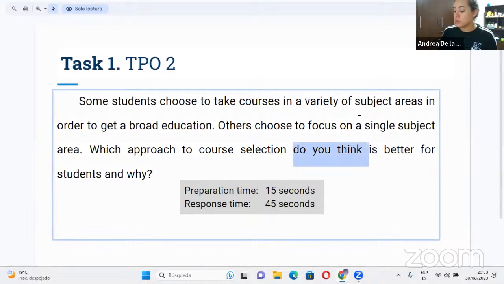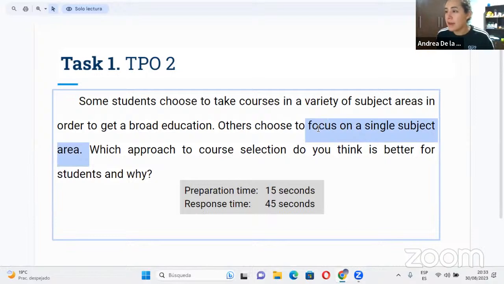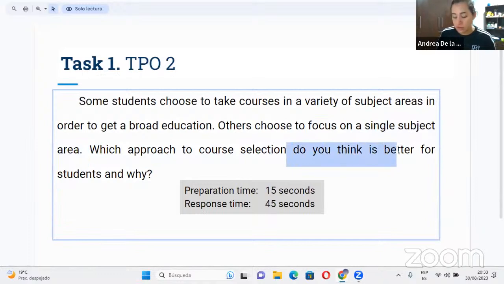In this case, you would need to say, I totally think it's better to take courses, or it's better to focus on a single subject area, right? So answer the question more directly. You were saying the main option is, but the question is not what the main option is, because there's no main option, right? You can say, I totally think that it's better to focus on a single subject area. And that way you're answering the question more directly in your introduction.